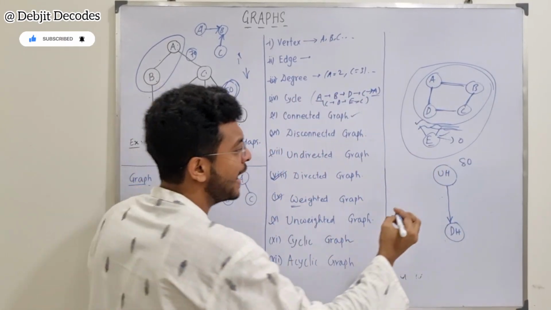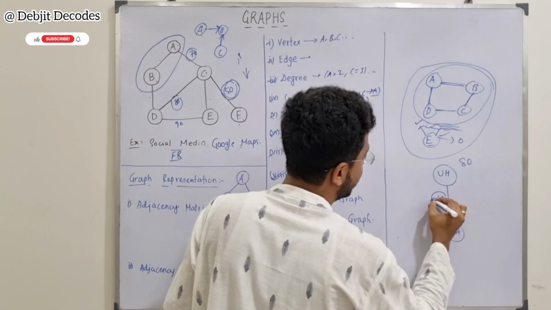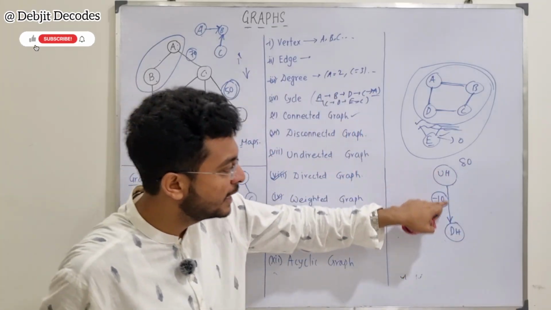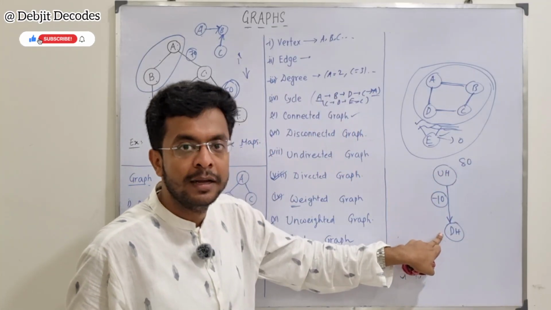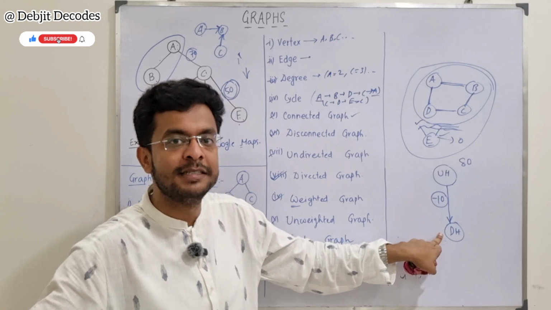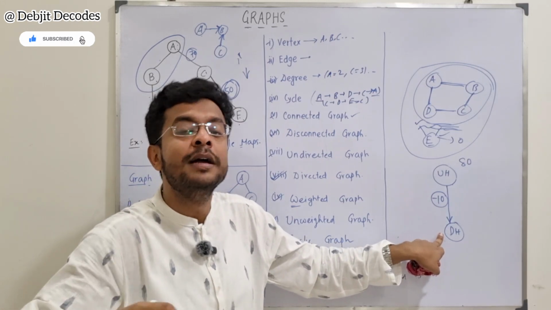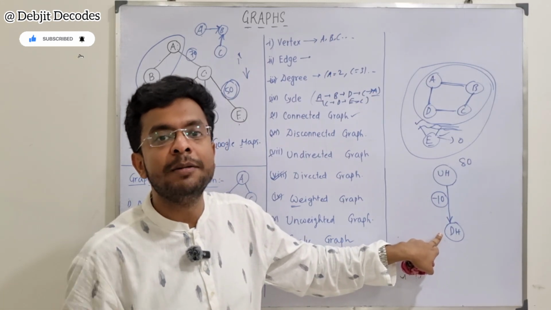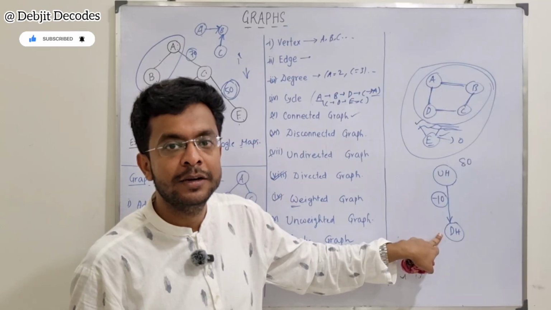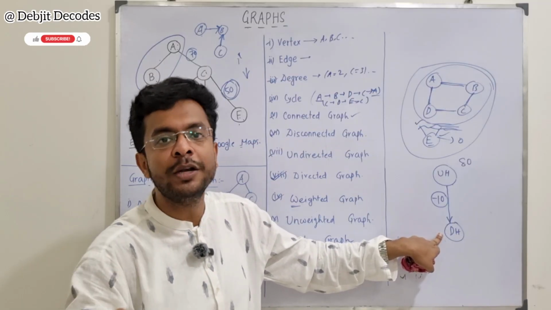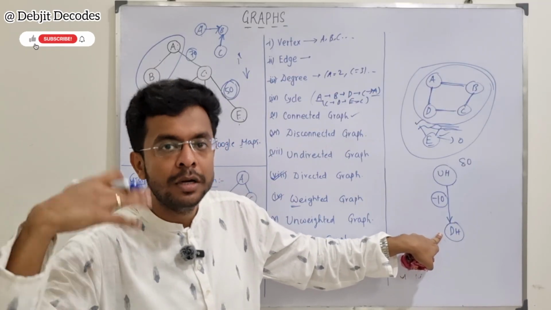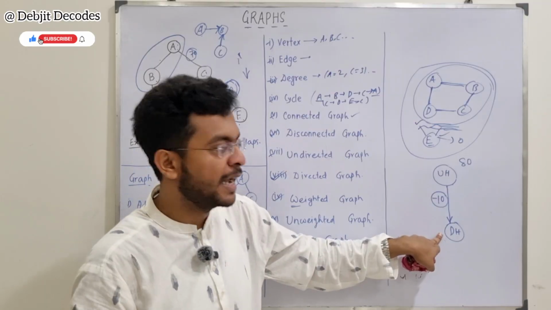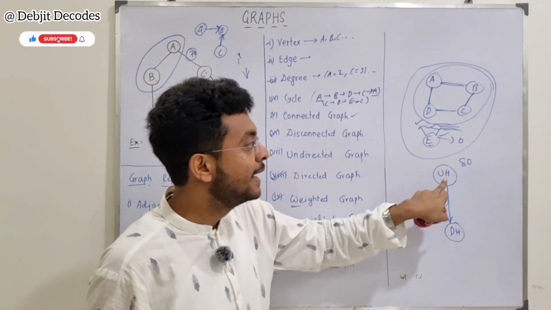Suppose this edge's value is minus 10 because the direction has changed. You are coming from uphill to downhill. Suppose mechanical engineers have built a mechanism that recharges the battery automatically when coming downhill. You do not need to do anything. It is storing the energy back. So it is minus 10. What does it mean?